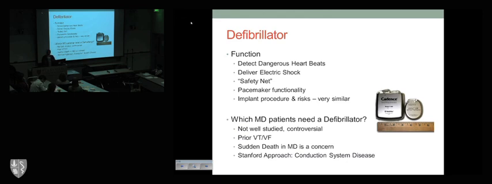But what we do know is there are folks, as I mentioned before, that have these abnormalities, and sudden death is a concern. So what we've started to do, and what other centers are also doing, is that whenever we start to see these electrical abnormalities, the slowing of the heartbeats, the abnormal shapes of the electrocardiogram, we recommend not only the pacemaker, but at this point, we are also recommending a defibrillator.